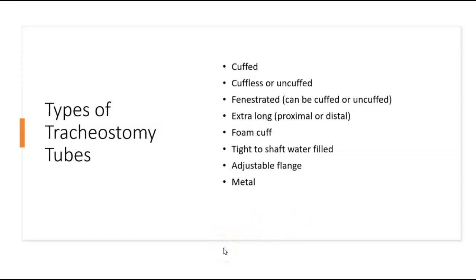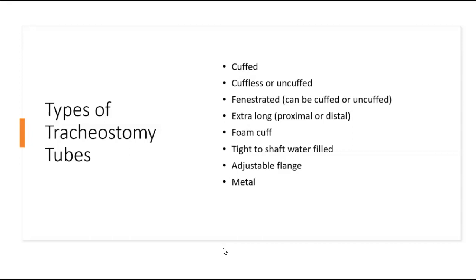Okay, so besides brands and sizing, there's a couple different types of trach tubes out there. There are cuffed, and there are cuffless or uncuffed, so you can have a cuff or not have a cuff on the trach tube. You can have a fenestrated, meaning there's a hole on the top of the trach, or an unfenestrated.